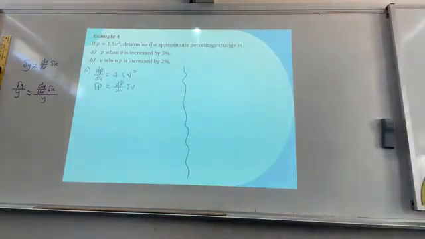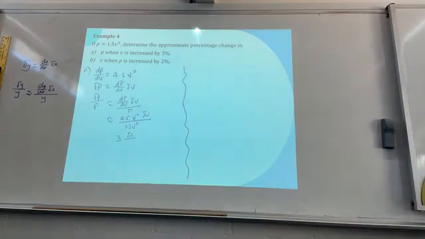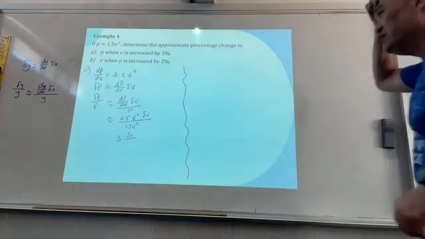This time, I'm going to use delta P over P as dP/dV times delta V divided by P.